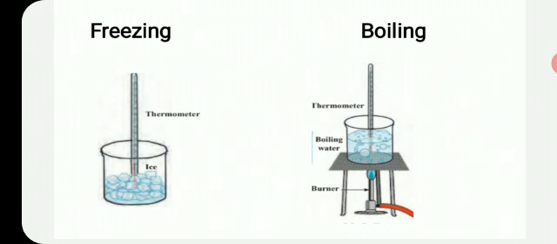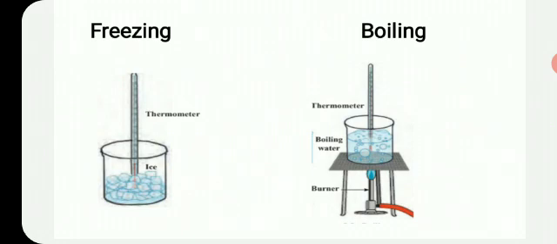After that, if we stop heating, what will happen? When you stop heating, whatever water vapors were formed will again cool down and be converted into water. This process is called condensation.